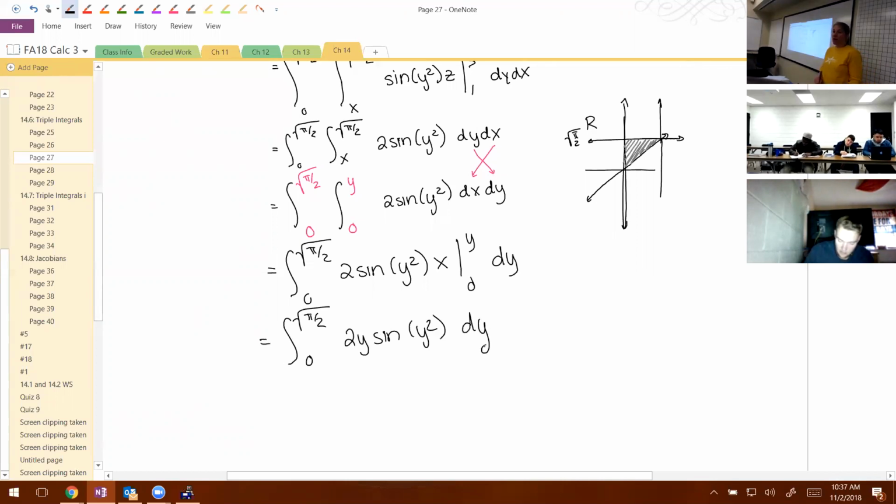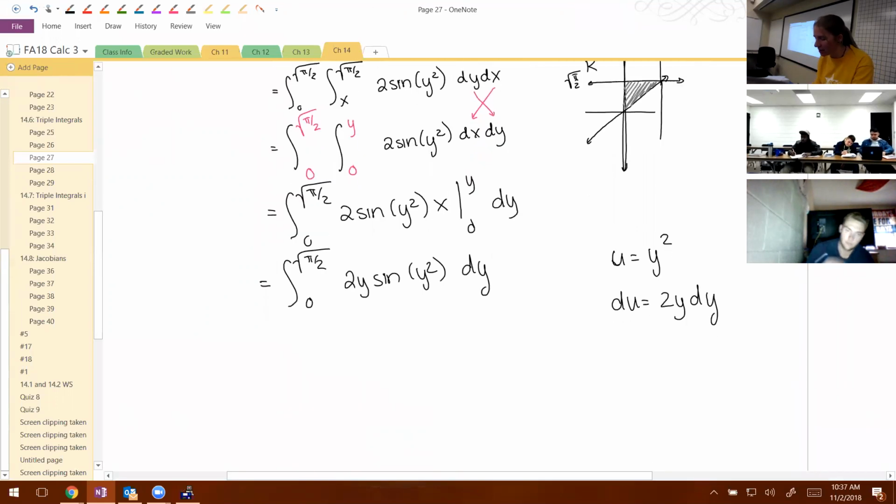And that's doable now because we can just use u substitution. If we let u equal the angle for our trig function, so y squared, then du is 2y dy. You can shift around constants, but if you recognize 2y is what we have out front here, we don't have to add another constant to that. If you want to go back and find the limits of integration, that is a-okay, but I'm just going to back substitute.